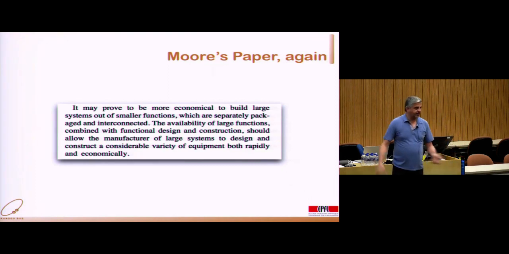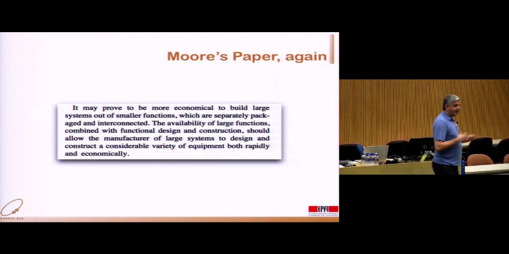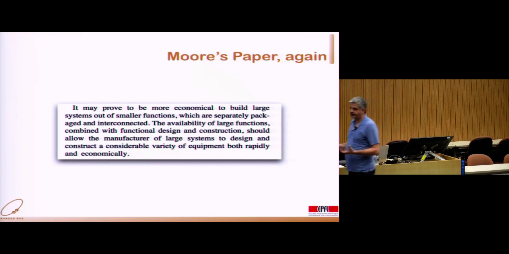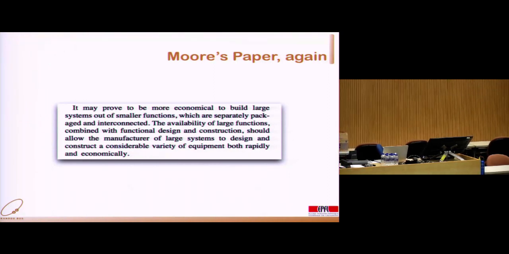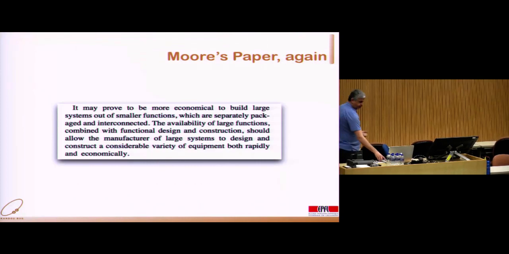Integrate, integrate, and integrate. There's one paragraph in which he says, well, there may come a point when you can't integrate anymore. So what do I do then? Then I put special functions on different chips. I disintegrate. And then combine these chips together. And that's exactly what we are doing.